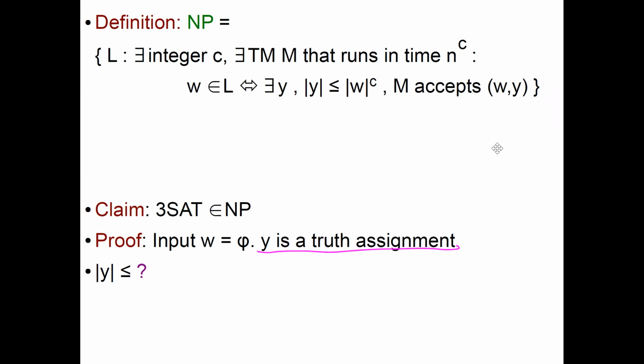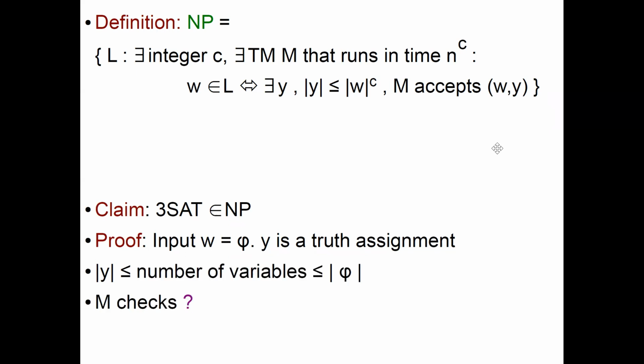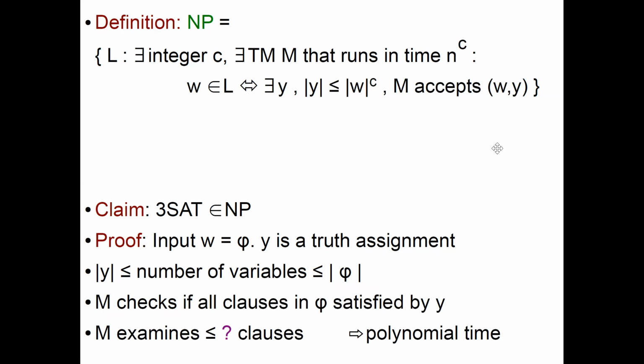Remember, you can pause it. You should pause here if you see a question mark and think about it. The length of y is at most the number of variables, which is at most the length of the input. What does M need to check? If every clause is satisfied by y, this only requires you to go through length of phi clauses, and so the computation runs in polynomial time. You're done. This shows that 3SAT is in NP.